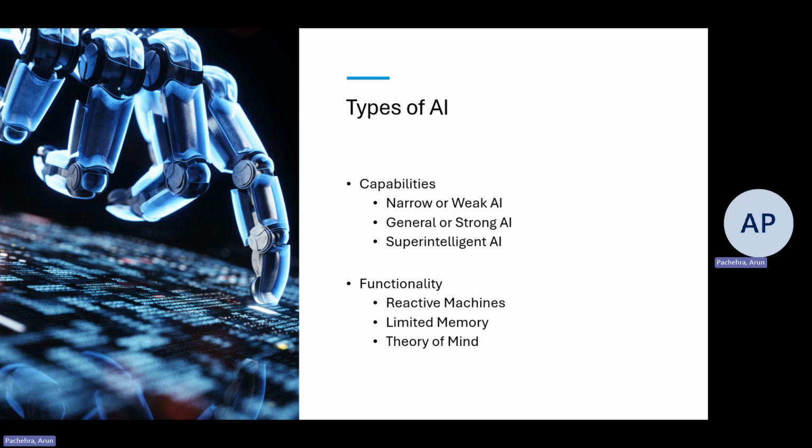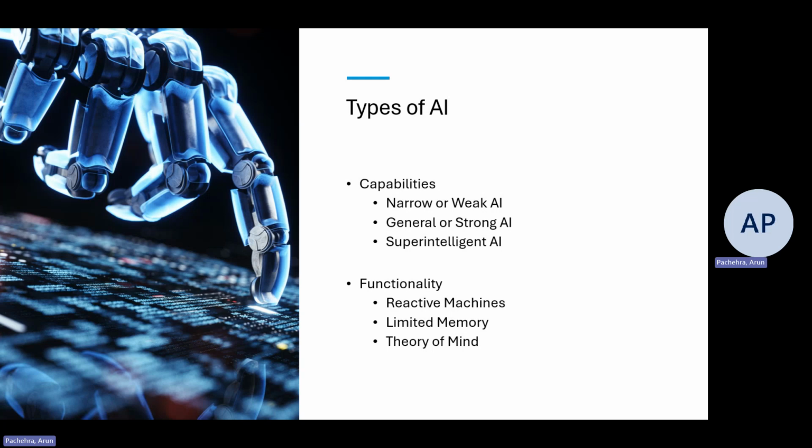And we can add one more here, self-aware AI. If we are talking about theory of mind, there could be one more, self-aware AI, that represents the future and final stage of AI development, which will be able to have consciousness and self-awareness, which seems like a concept which cannot be possible, but you never know.